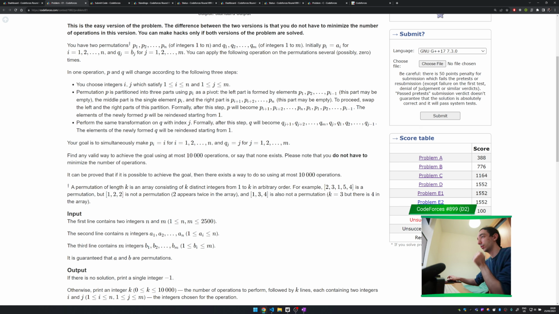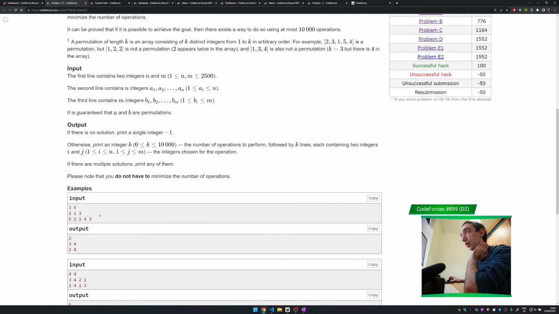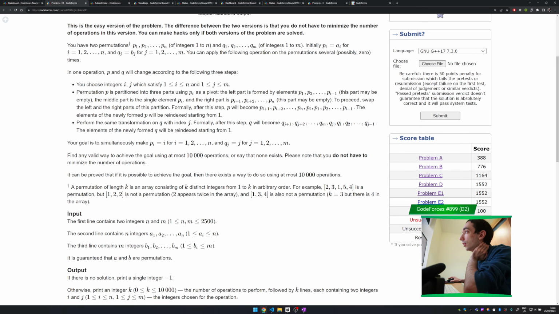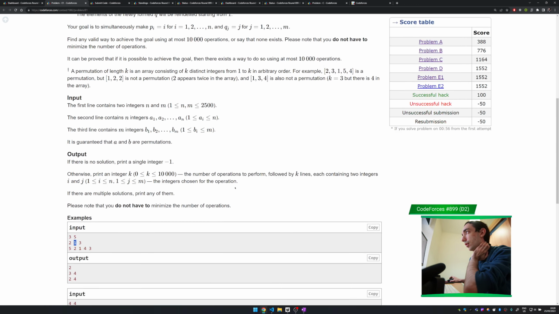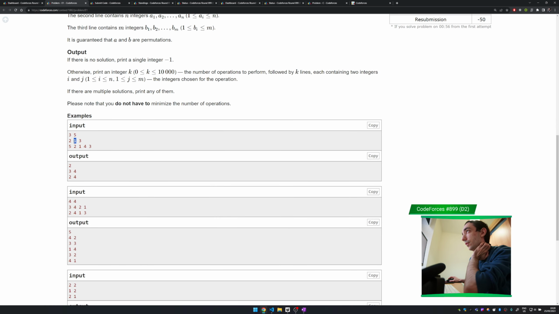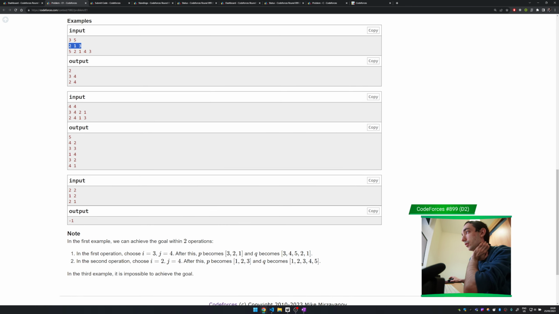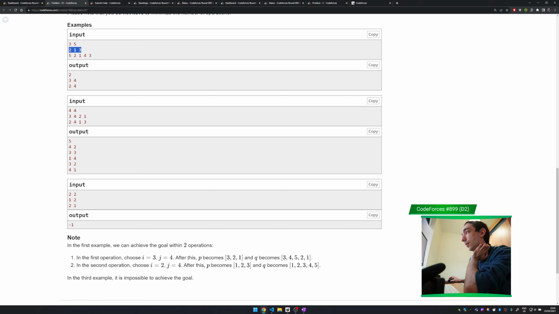Now, sorting one permutation: choose the minimum. When the minimum element is chosen, can you always achieve it? In the first example here, the first operation is i=3 and j=4.